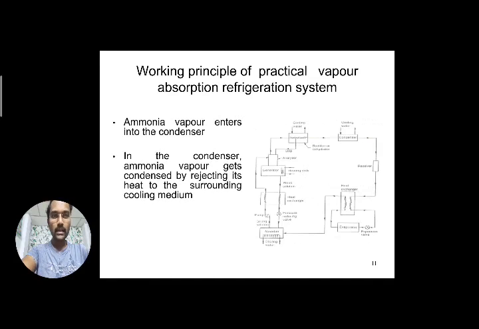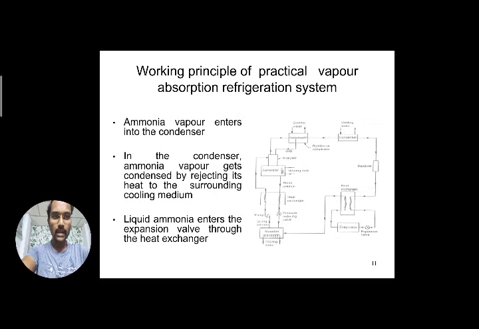So coming to the condenser component, as already discussed, ammonia vapor gets condensed by rejecting its heat to the surrounding cooling medium. So heat rejection is taking place in the condenser component. Now the liquid phase change is taking place in the condenser. Liquid ammonia enters the expansion valve through the heat exchanger.